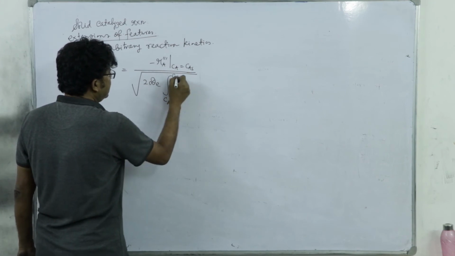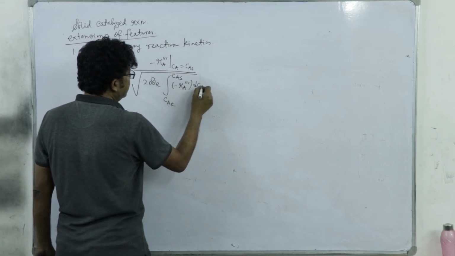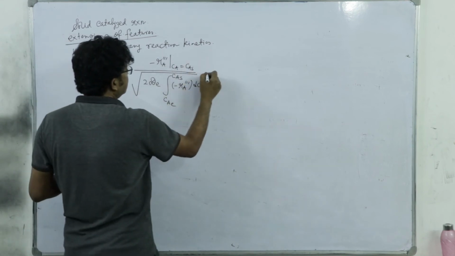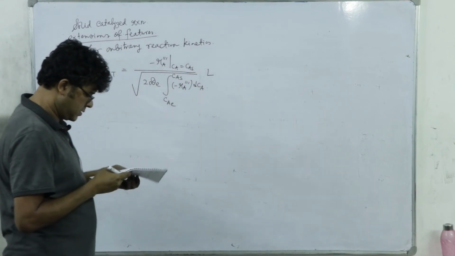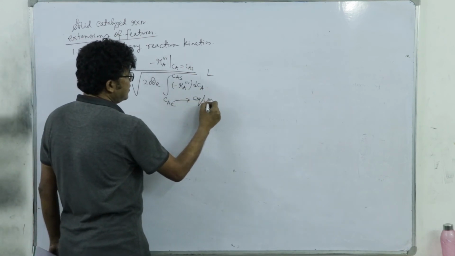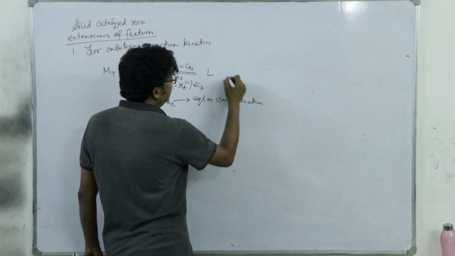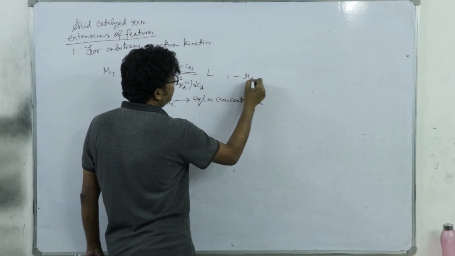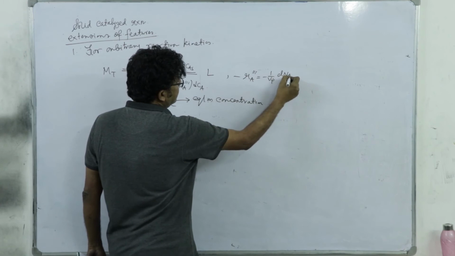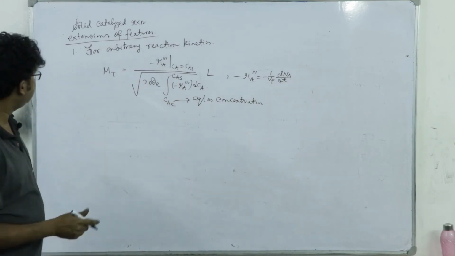Here Cae is the equilibrium concentration, and minus Ra triple prime is based on the pellet volume.